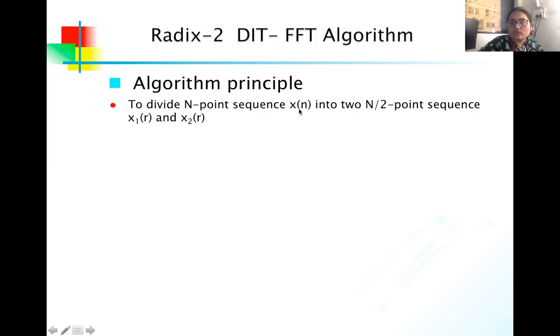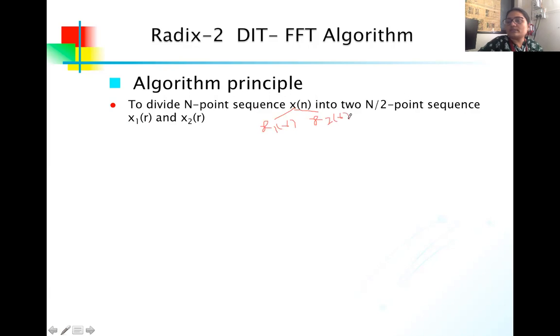The total sequence x of n is now divided into 2 parts. The first part is represented as x1 of r, and the second part is represented as x2 of r.